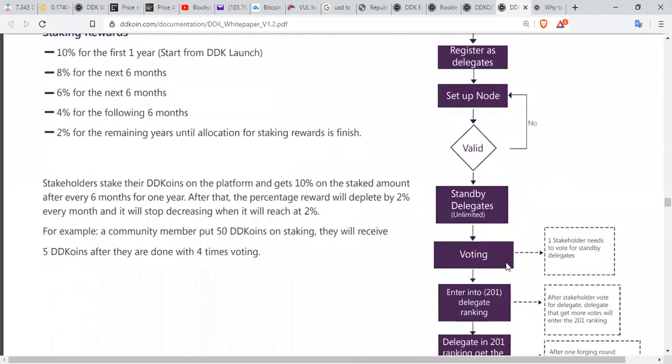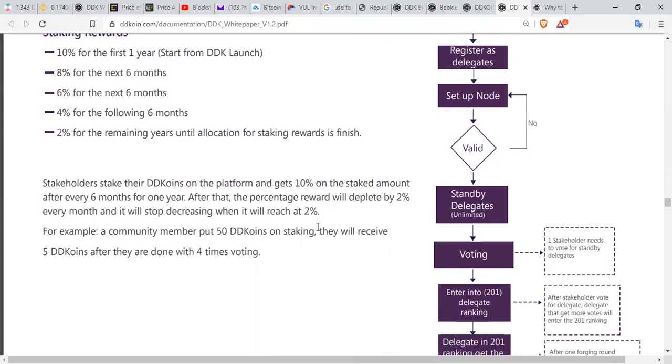So yun nga, pag napansin niyo, stakeholders stake their DDKoins on the platform and get 10% on the stake amount after every 6 months for 1 year. After that, the percentage reward will deplete by 2% every month, and it will stop decreasing when it reaches 2%.